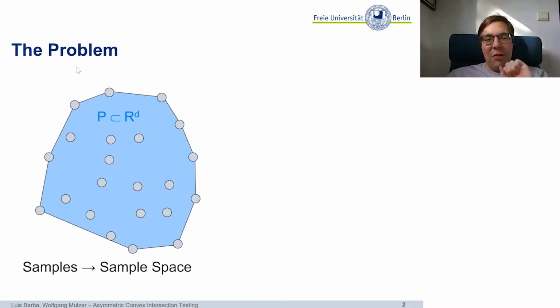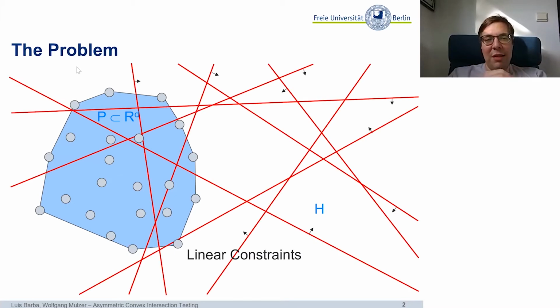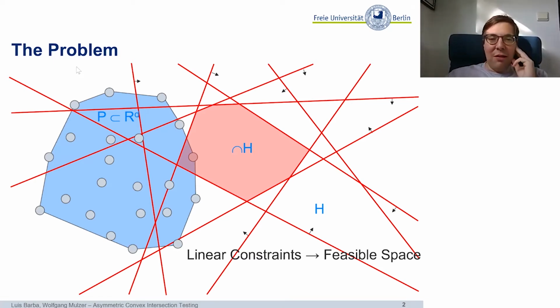And so on the one hand, we have the samples, and on the other hand, we have some set of linear constraints, which we call H. And these linear constraints are defined by oriented hyperplanes. Now these constraints define a feasible space, which is basically just the intersection of all the oriented half spaces given by these hyperplanes.